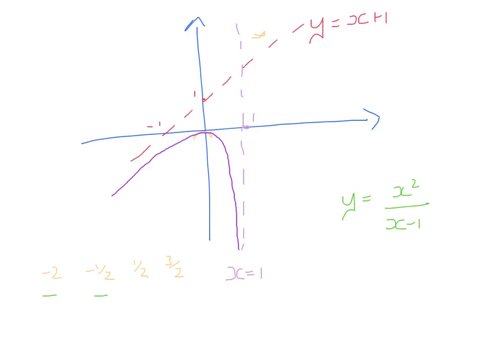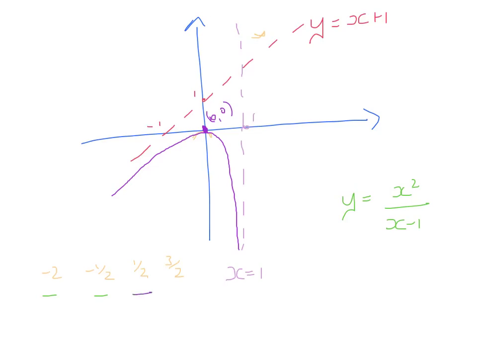Remember we're trying to put as much information as possible, so I'm going to put in my turning point of 0, 0. This pen's not very good for writing small things, so your diagram should be tidier than mine. Then I'm going to check this side, the right hand side of our vertical asymptote, by checking for 3/2. When I put 1/2 in, I got 1/4 over negative, so that was a negative.